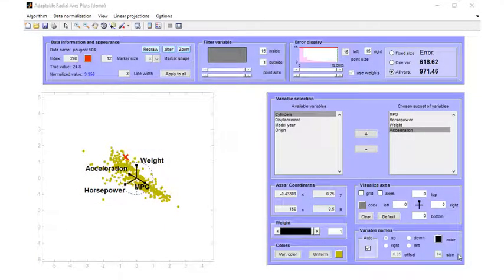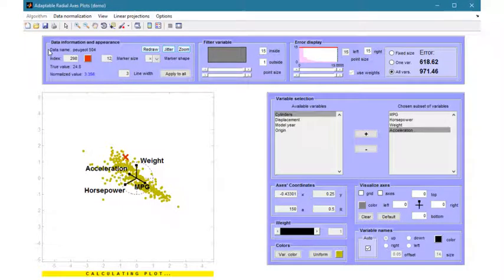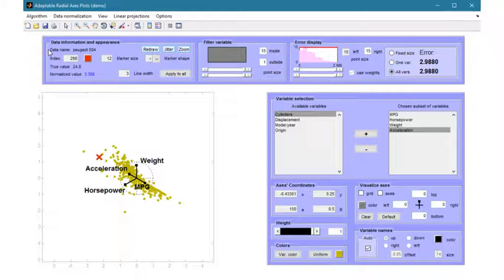In this example, the data is related to cars. Assume we are interested in heavy cars with large acceleration and horsepower, but low fuel consumption. The choice of norm may affect our decisions considerably. The marked red sample does not stand out when using the L2 norm. However, it is an interesting candidate when using the L-infinity norm.